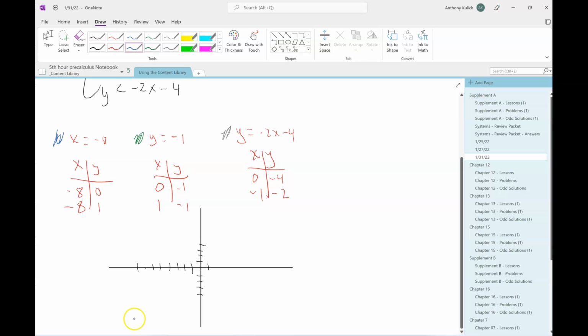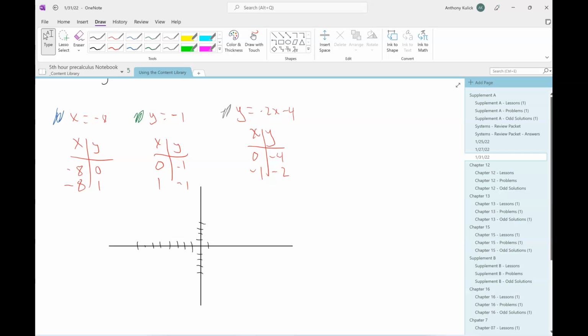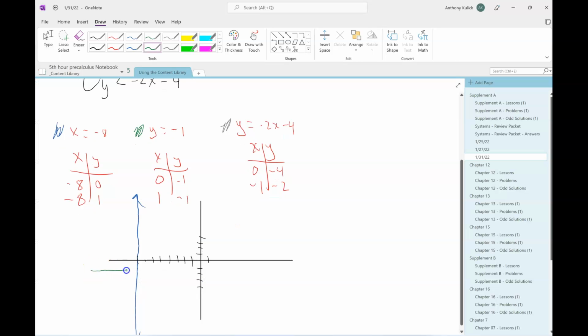Because this is a greater than or equal to, I'm going to draw a solid line. Because this one is a less than or equal to, I'm going to be drawing a solid line. And then for the last one, 0, -4, -1, -2. For this one, it's strictly less than, so I'm going to be drawing a dashed line.